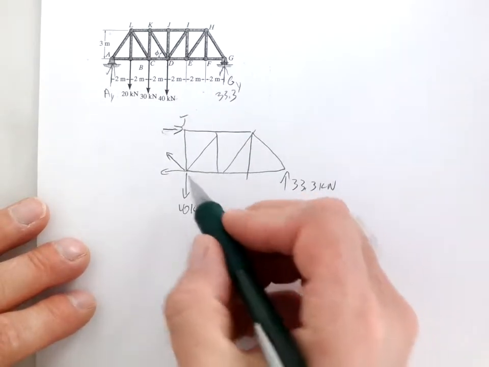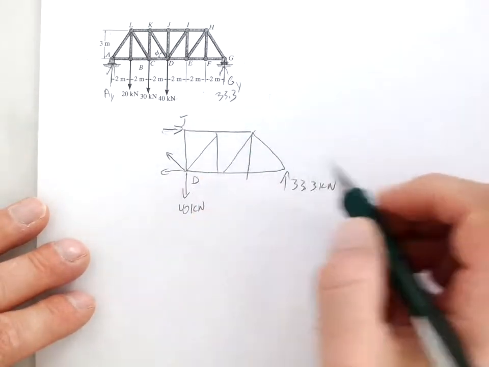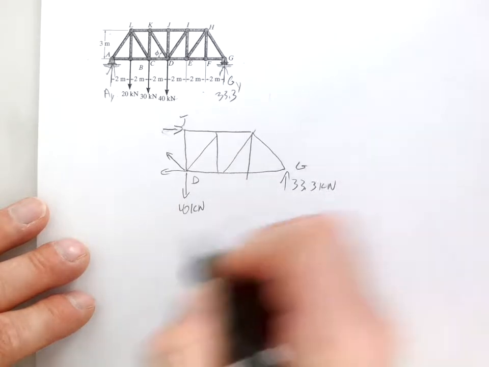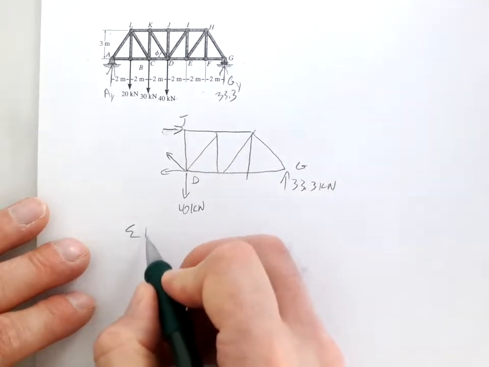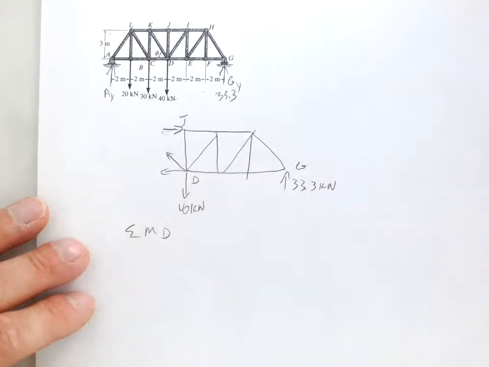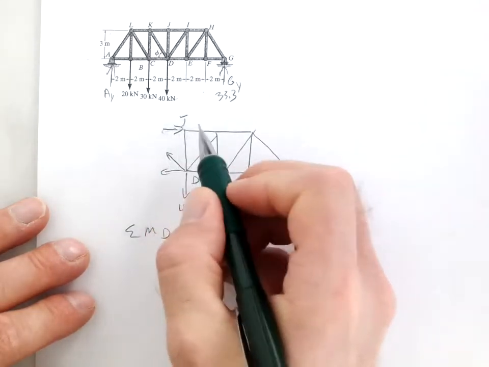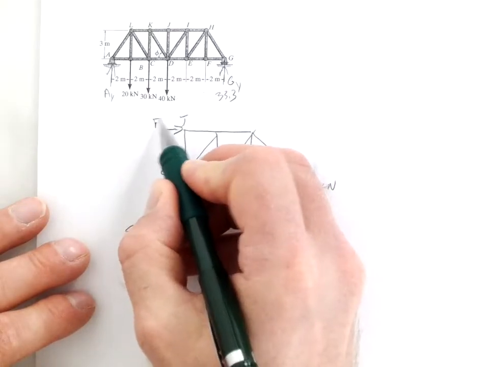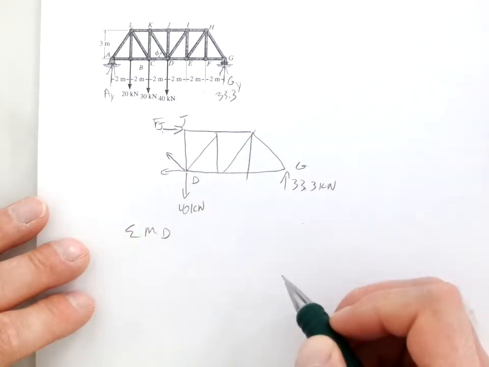So let's start by summing. Here's D, and that's J, and this is G. Let's start by summing the moments about D. That eliminates these 2 forces and that one, and we can solve for the force here at J directly.